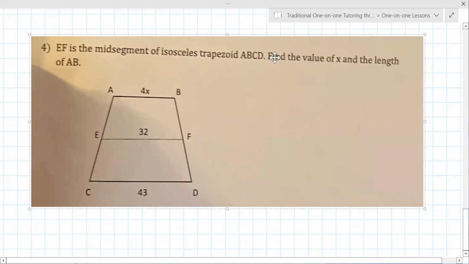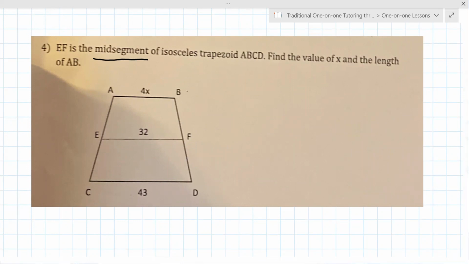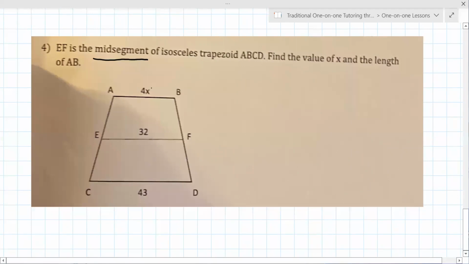Okay. So we looked at a problem like this earlier. It says that EF is the midsegment of the trapezoid. Okay. So remember we talked about it being like the midpoint formula. So the midpoint formula, think of this one as X1 and this is X2.